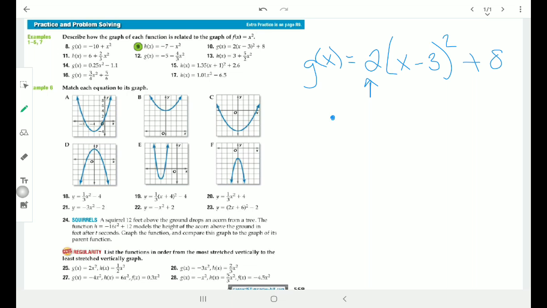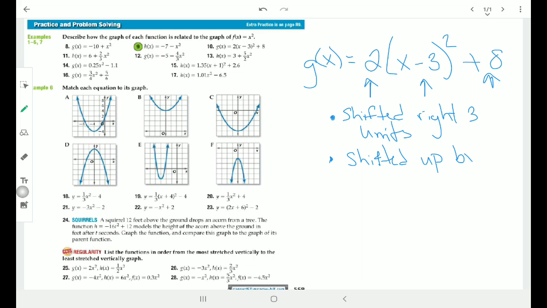We also know that since it's x minus 3, it's going to be shifted right by 3 units. And we also know that since this 8 is positive, it's going to be shifted up by 8 units. Okay?